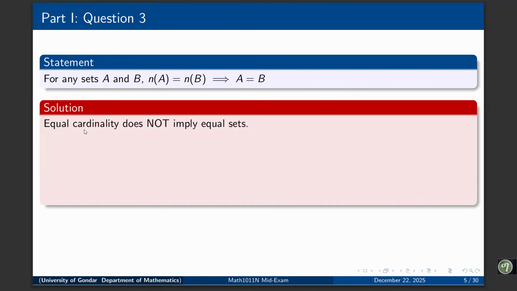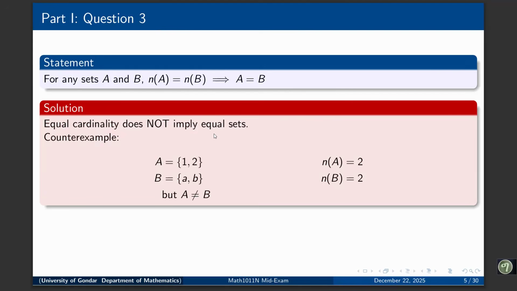That is, equal cardinality doesn't imply equal sets. Let us verify this by considering a simple example. Let's assume that A contains two elements, 1 and 2, and B has the same number of elements, but whose elements are a and b.